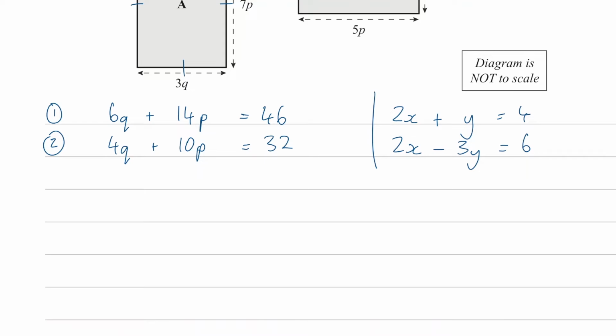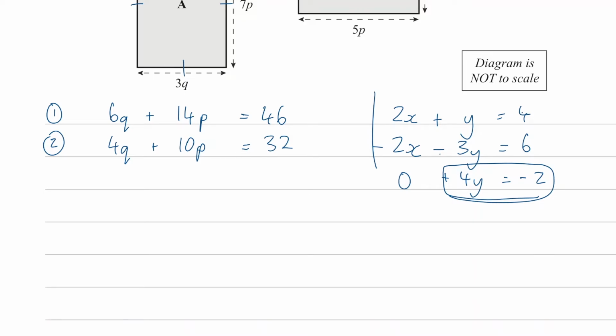I see that the two x's have the same coefficient, so I could subtract these equations and would be left with 2x minus 2x is 0, y minus negative 3y is plus 4y, 4 minus 6 is negative 2, and then we can solve this equation, which is much simpler.